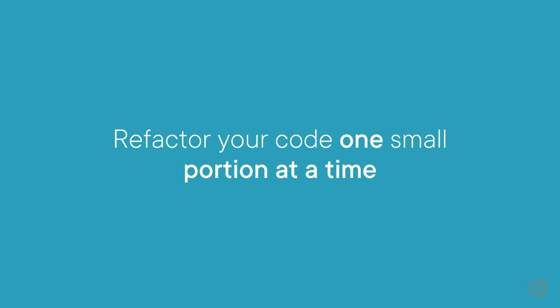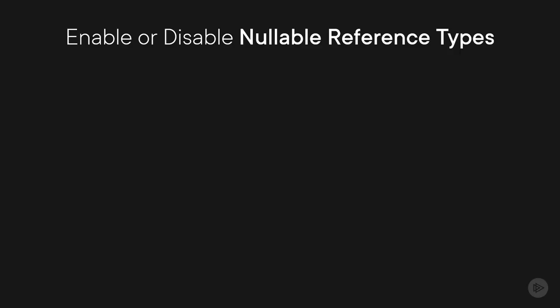As mentioned earlier, it may be overwhelming if you are converting an old project to use these nullable reference types. We looked at enabling or disabling this feature on the project level. The fact is that you can do this using a compiler directive as well.